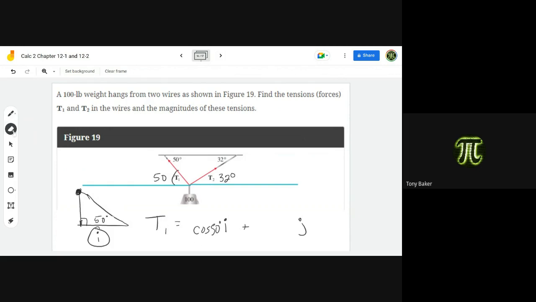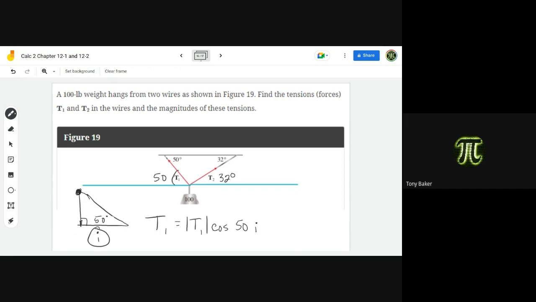Let's rewrite this. And as it sits right now, I don't know how long this is, right? So it's going to be the magnitude of T1. And which direction is this going? Is it going in the positive I or the negative I direction?